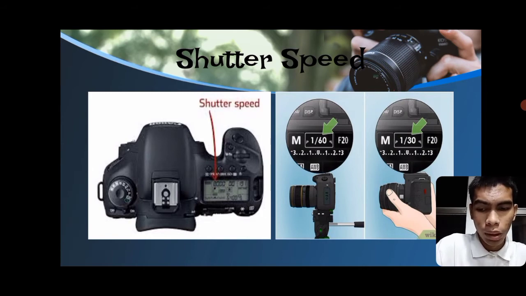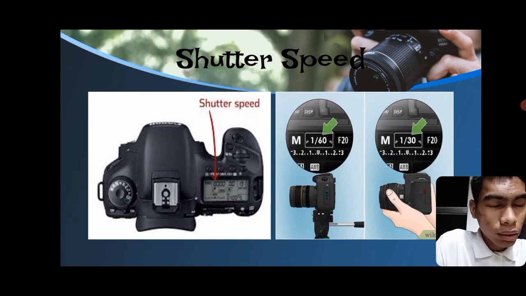Shutter speed is that part of the camera which regulates the time exposure of the film, thus affecting the amount of light reaching the sensitized material. It is usually expressed in a fraction of a second.